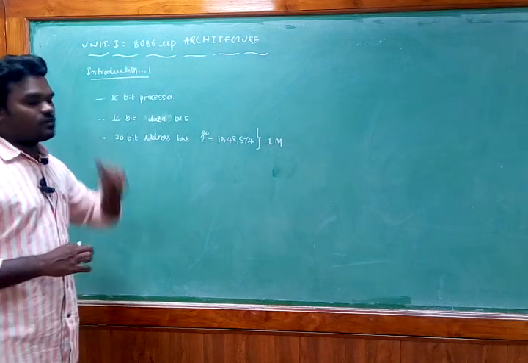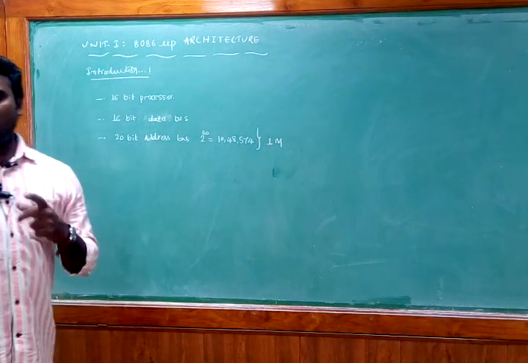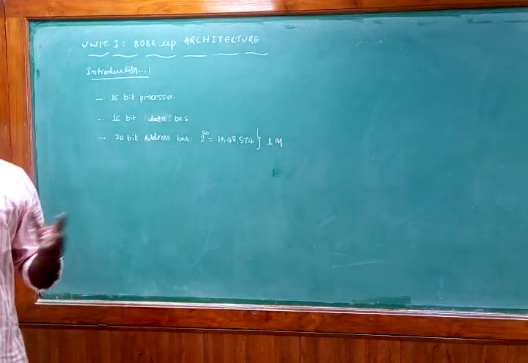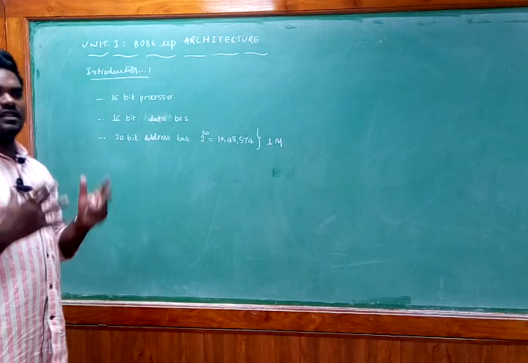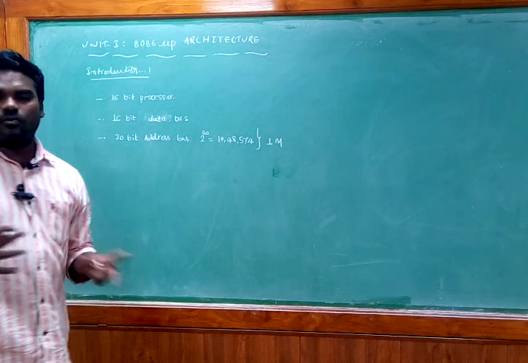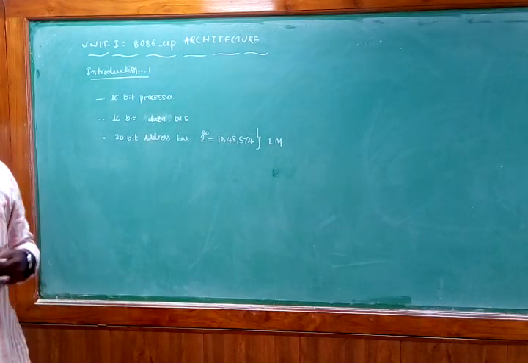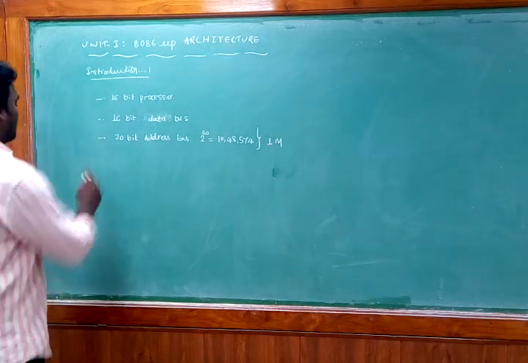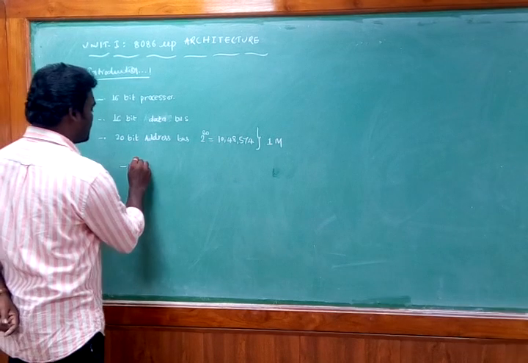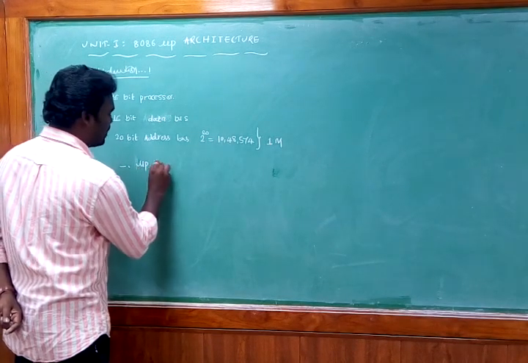This 8086 microprocessor standalone cannot perform any function, so it has to be interfaced with some input output devices, and only then does it perform a function. Whenever the 8086 microprocessor is interfaced with input output devices, the resultant system is named a microprocessor based system.